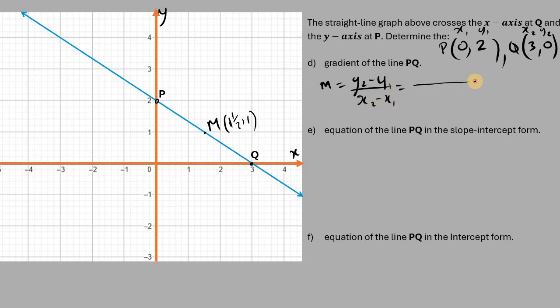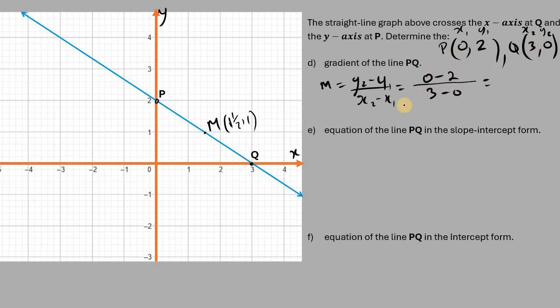And so now we're going to substitute the values in. Notice for all these formulae, we utilize the same values in terms of coordinates. Y2 is 0, minus y1 is 2. X2 is 3, minus x1 is 0.